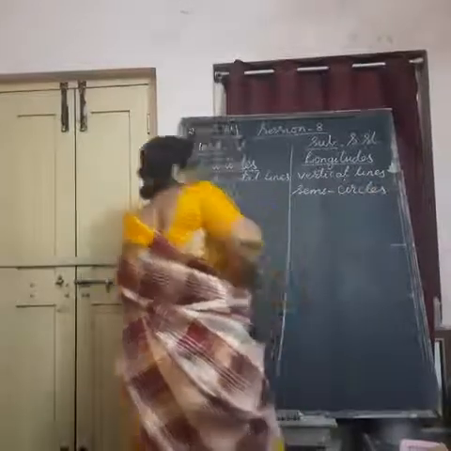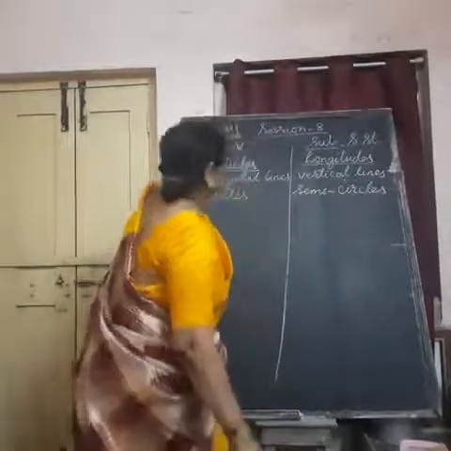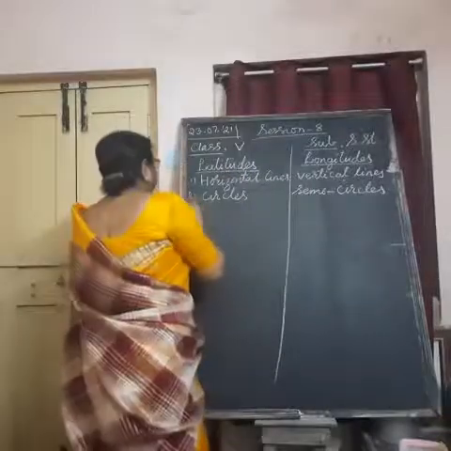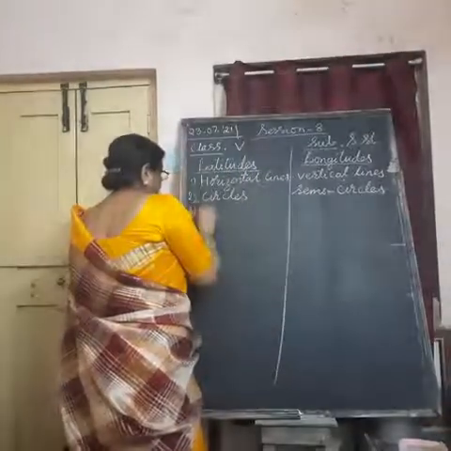Latitudes are circles, longitudes are semicircles, and latitudes are drawn from west to east.